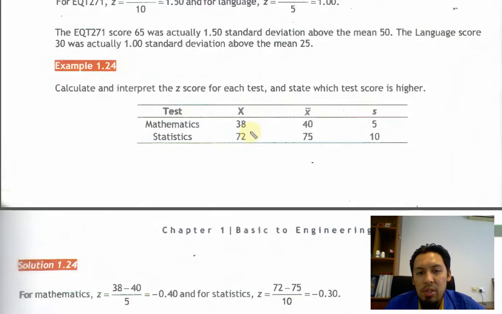Let's say not 72. Let's try to make it 60. Your score for mathematics is 38, which, when you think of it, is a fail.